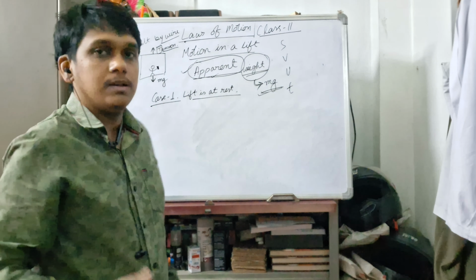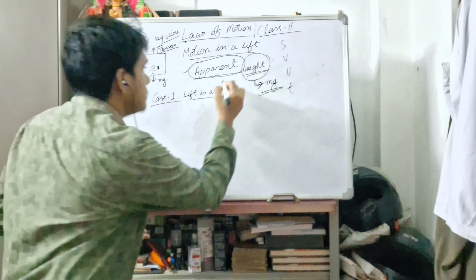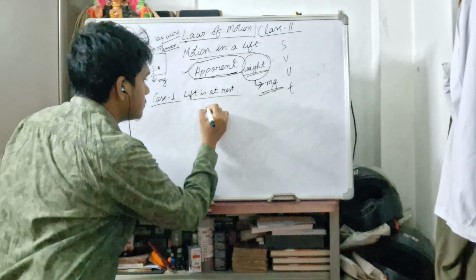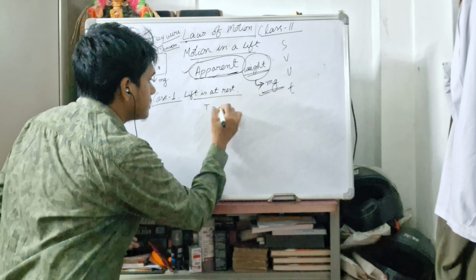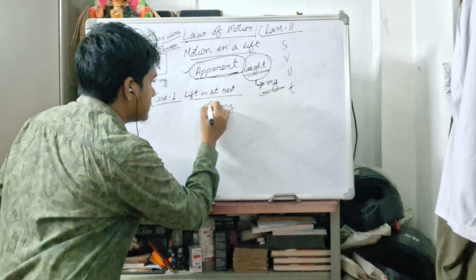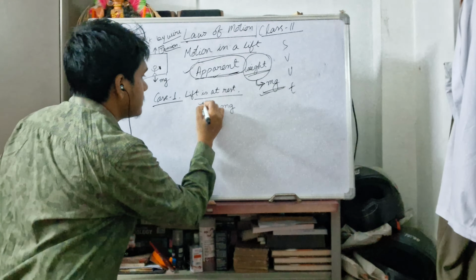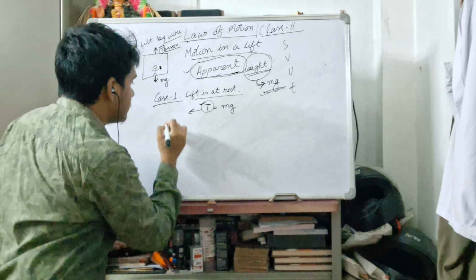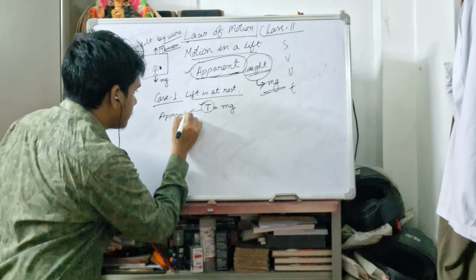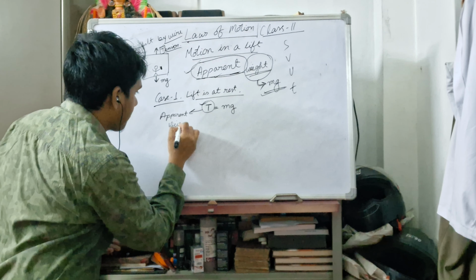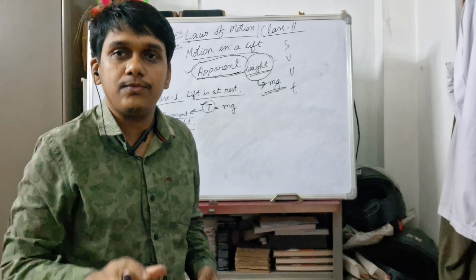So what will be your weight? Then T equals mg. Here this term T gives the idea of your apparent weight.